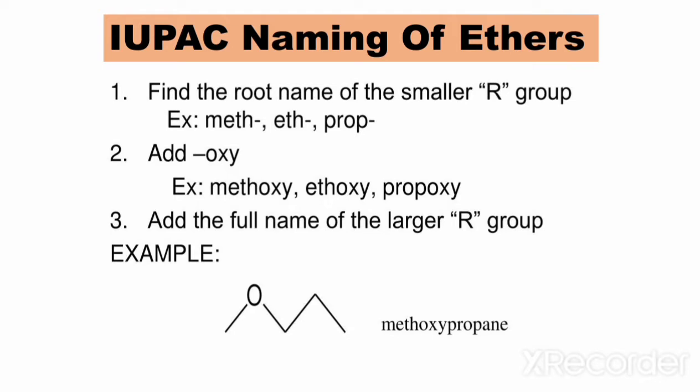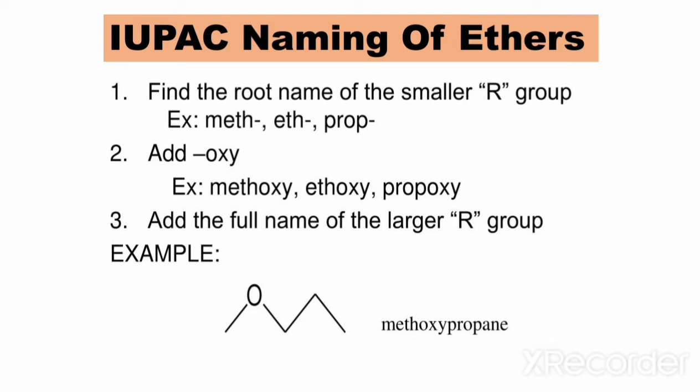As you can see below, there is an example that has two alkyl groups attached with the oxygen atom. On one side there is a methyl group that contains one carbon atom, and the other is propane that contains a three carbon chain. As per the rules above, we have to find the smaller alkyl group, that is the one carbon methyl.